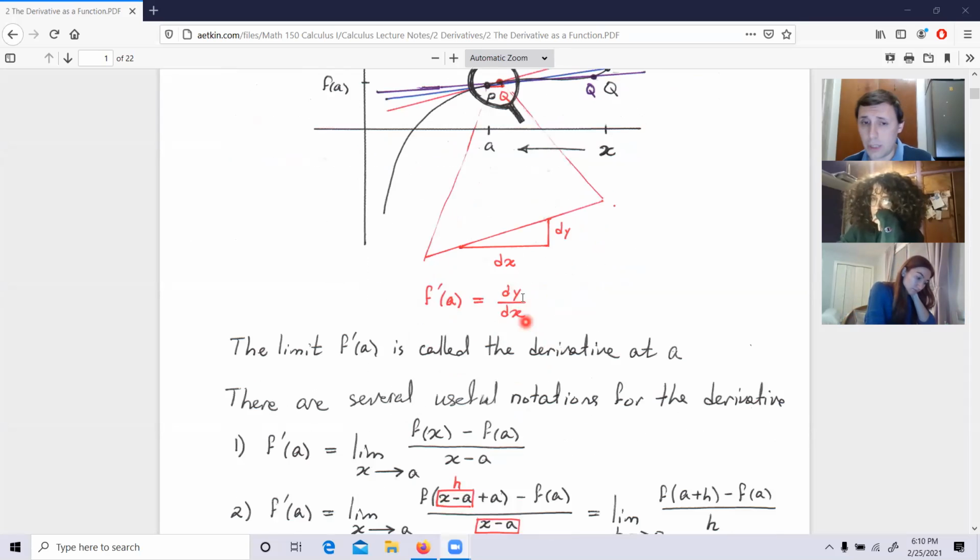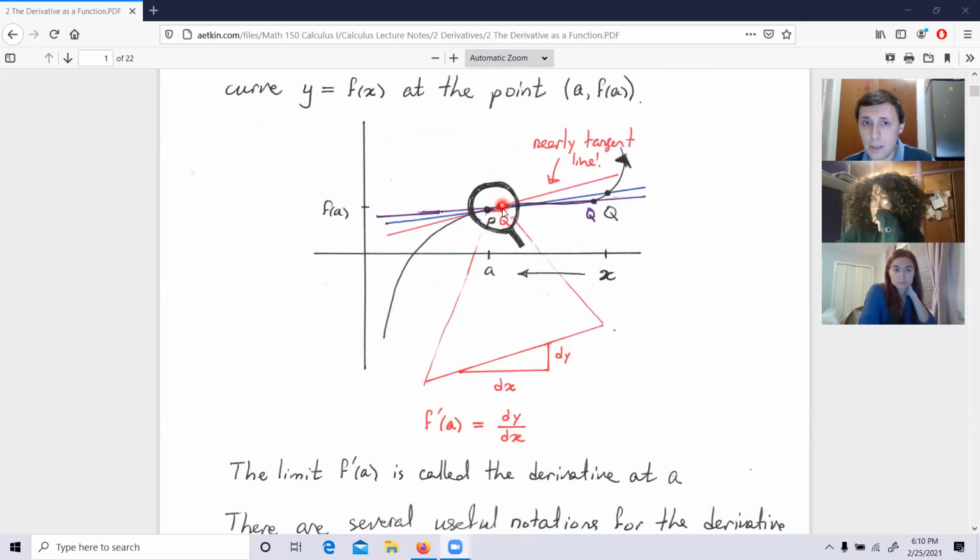Now, why is that notation much better, guys? Because look at it. When you zoom in, when the point Q is very close to the point P, you look at the magnifying glass, you will see a very short horizontal displacement and a very short vertical displacement, which will represent the slope. So little dy over little dx is change in y over change in x. All clear?